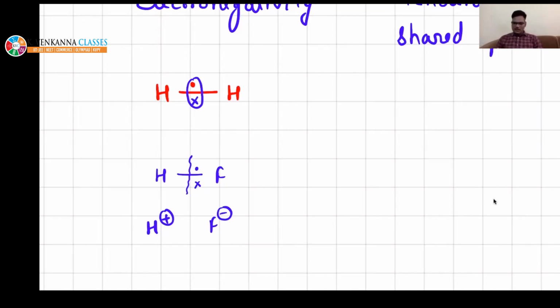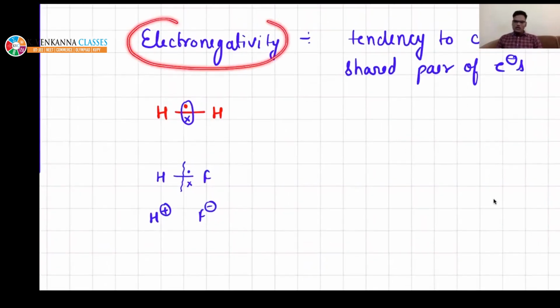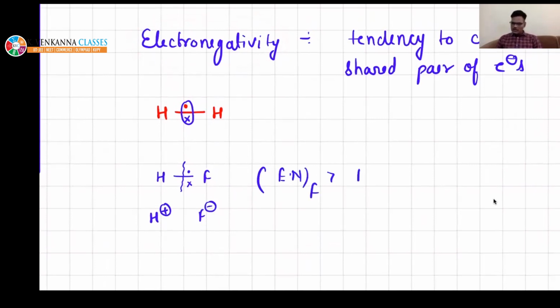In real, it is not completely towards fluorine, but it is slightly attracted towards fluorine, and it happens due to the high electronegativity of fluorine. So the electronegativity of fluorine is higher than the electronegativity of hydrogen.